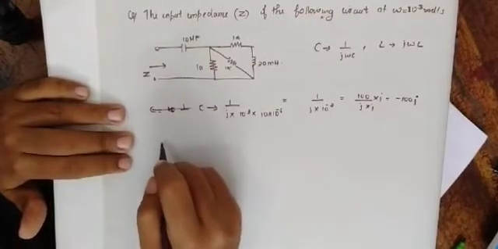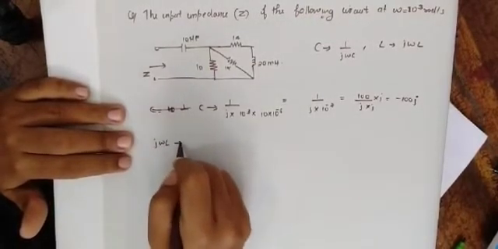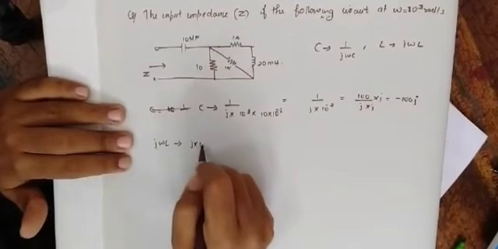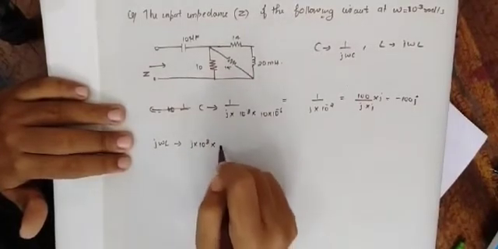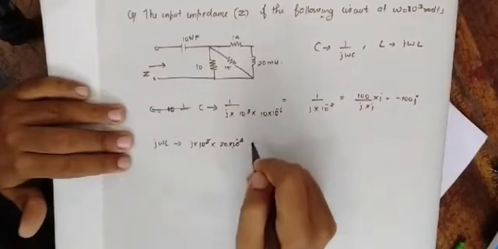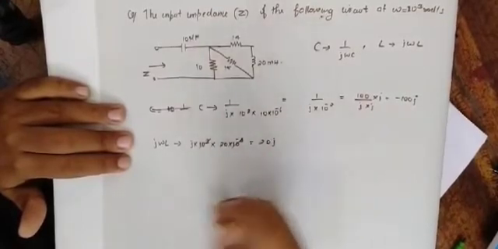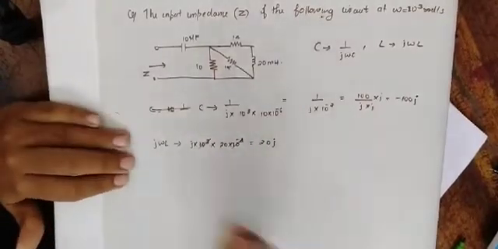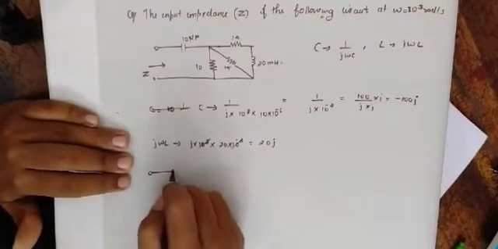and the inductor will become j omega L, right? So that is j into 10 raised to 3 into 20 into 10 raised to minus 3. It will be equal to 20j. Okay, now I am going to redraw the circuit.